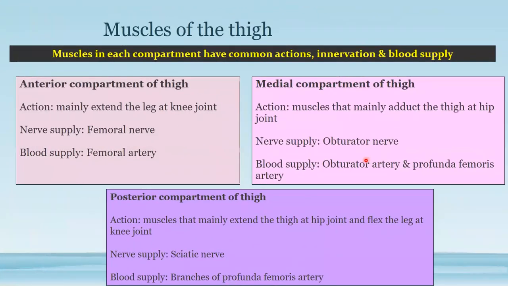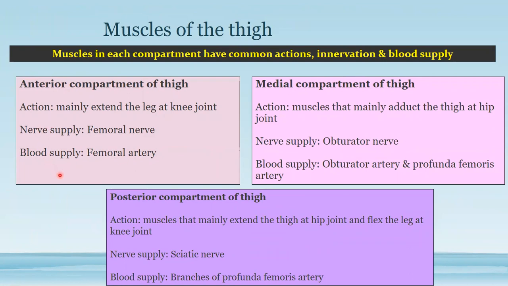So, for easy remembering, each of these compartments has its common actions, innervation, and blood supply. For instance, for the anterior compartment of the thigh, the action is mainly to extend the leg at the knee joint. They are all supplied by the femoral nerve and femoral artery.